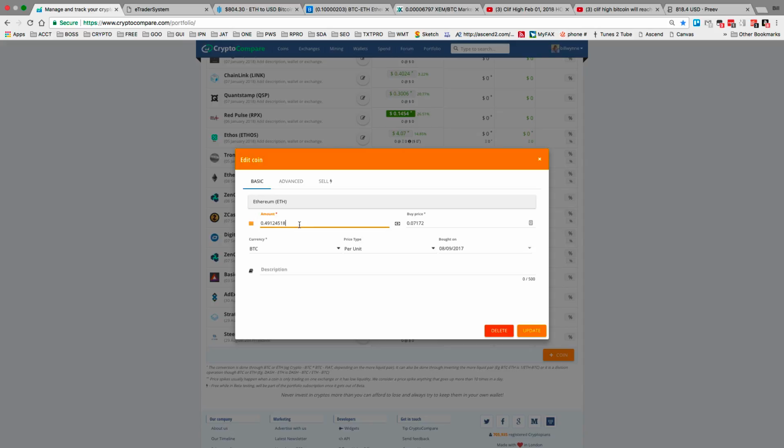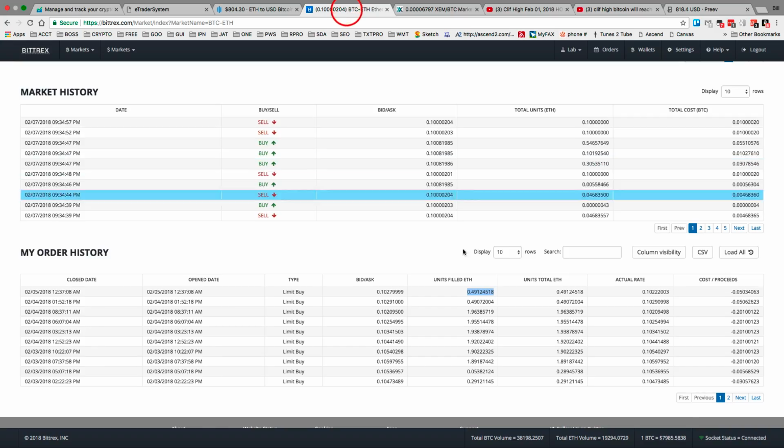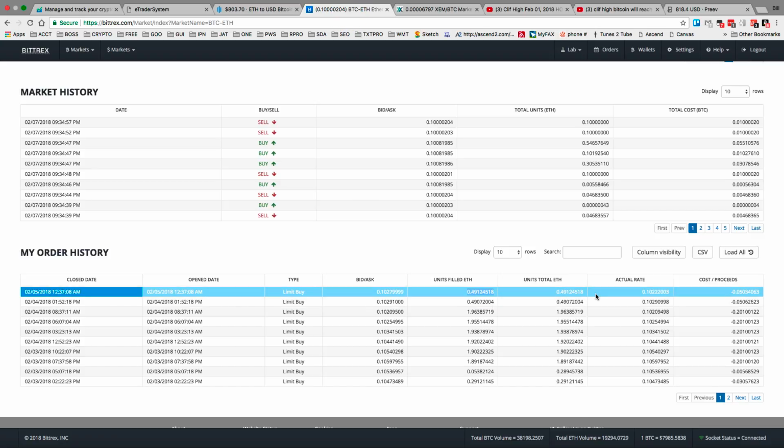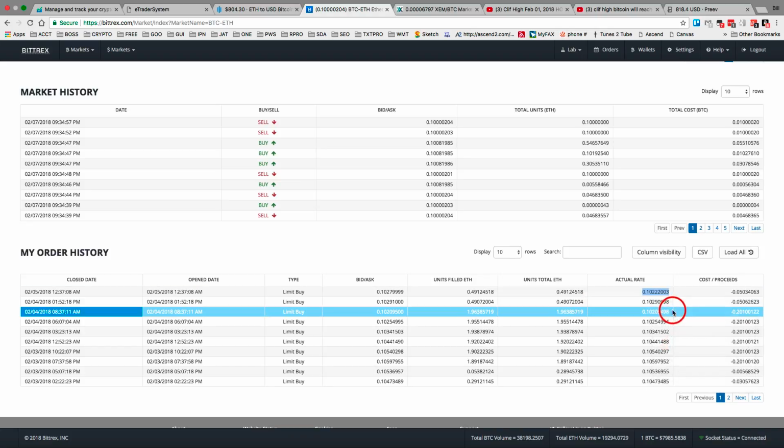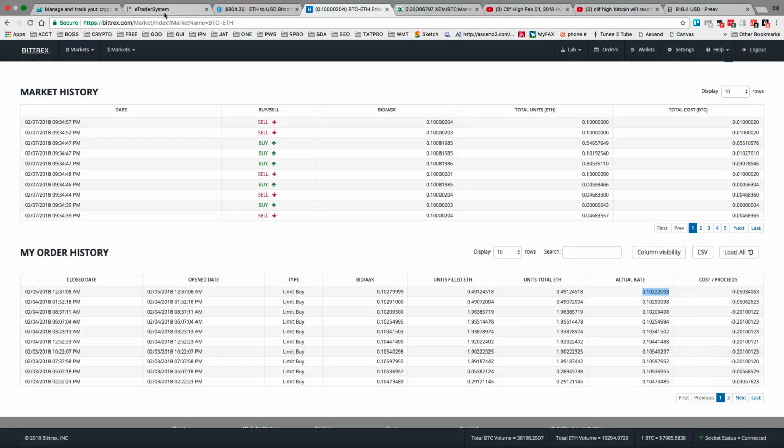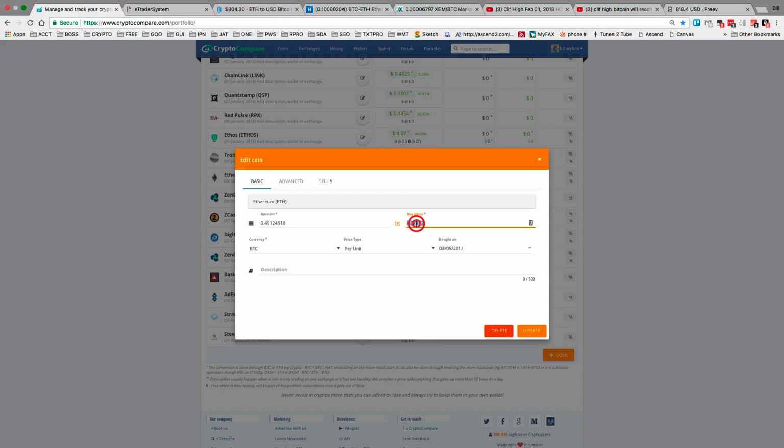In this case, it was just basically 1/2 of an Ether. I'm going to come back. I'm going to record the rate that was paid for it in Bitcoin. I'm going to put that rate in here because that's how it's going to track it. It's going to know my profit and things like that.